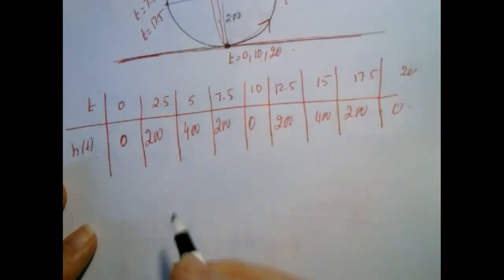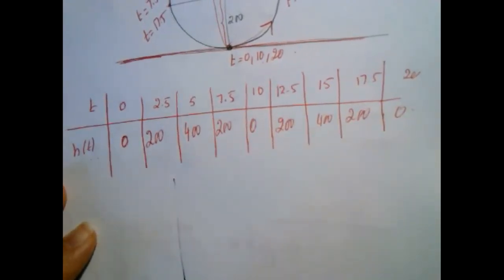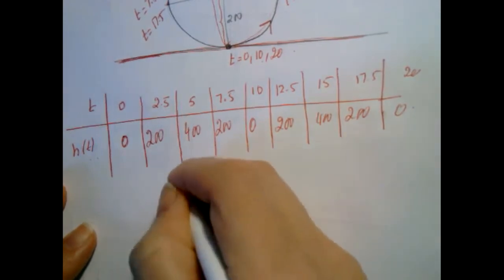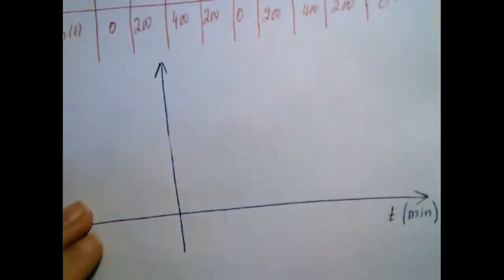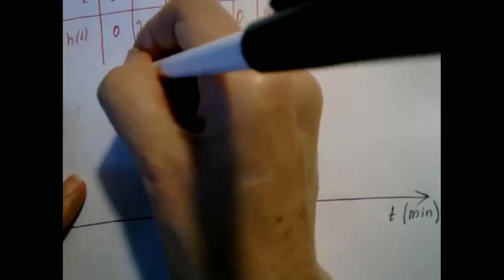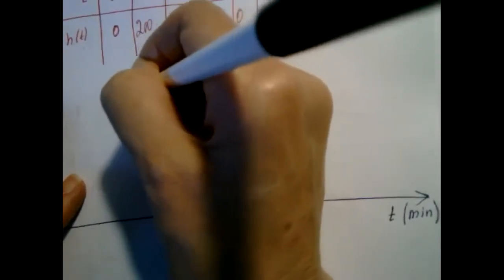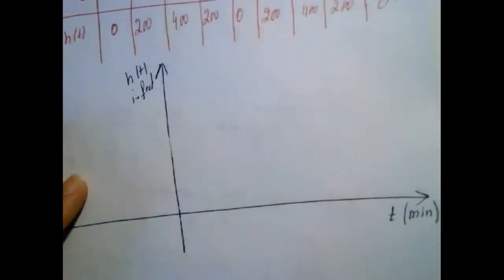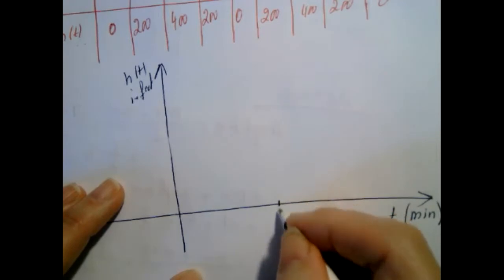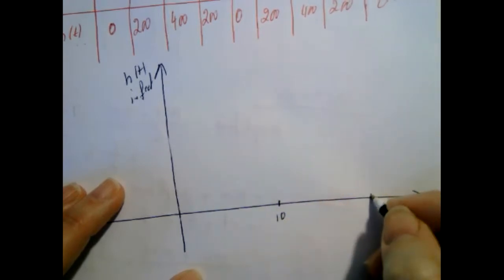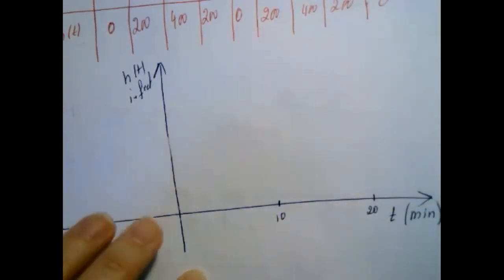So the graph, we have 2 axes. On the horizontal axis is the time in minutes. On the vertical axis, it's the height in feet. So that's what they mean by labeling the axis. Now, what time are we interested in? Since we have 2 revolutions, it means we need to go from 0 to 20.